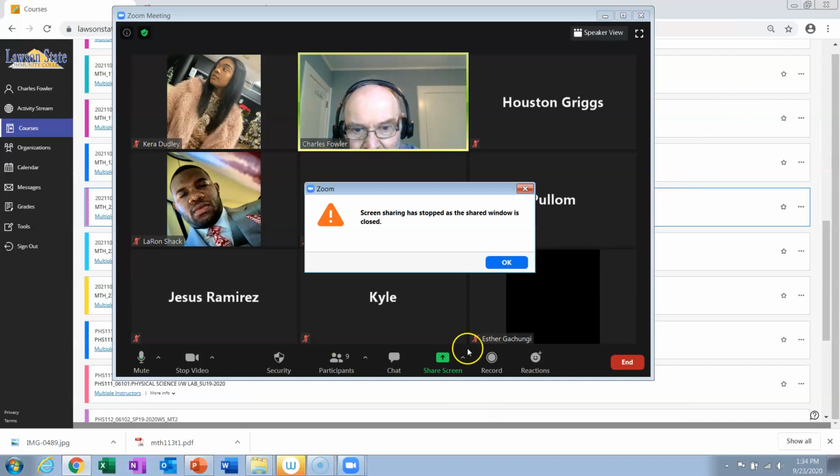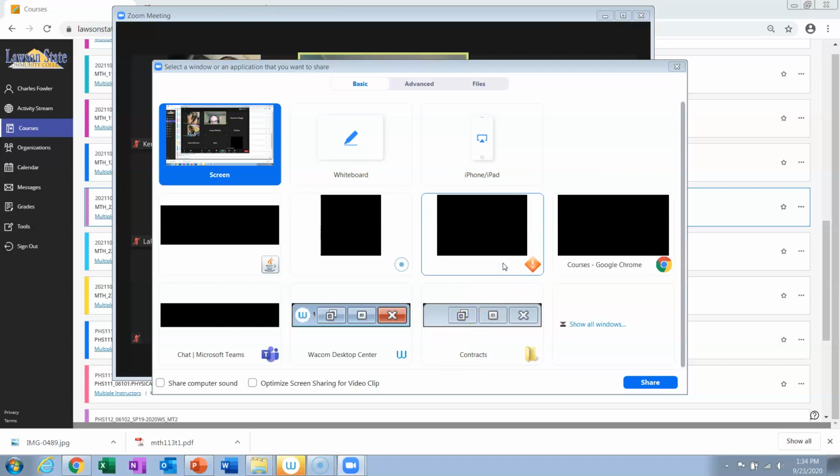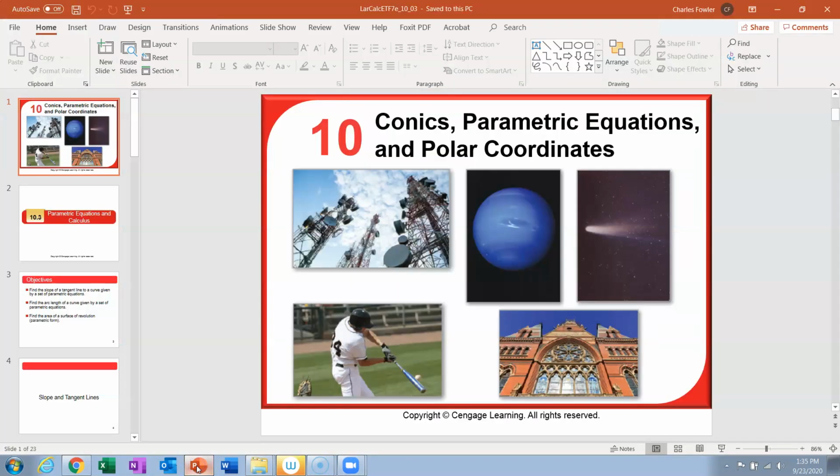Now, I had opened it up, and as it sometimes happens, it won't show up. Okay, so what I've got to do is figure out a way to get it open again. There's 10.3.